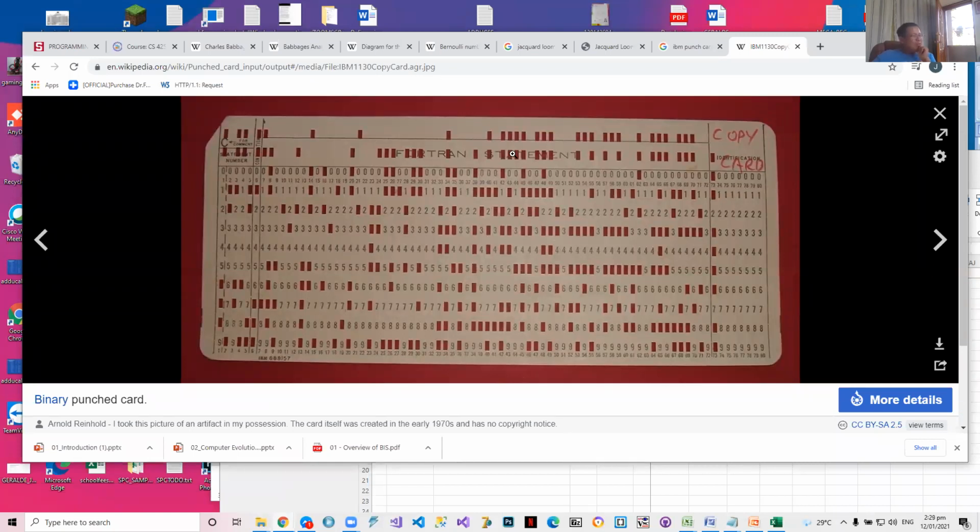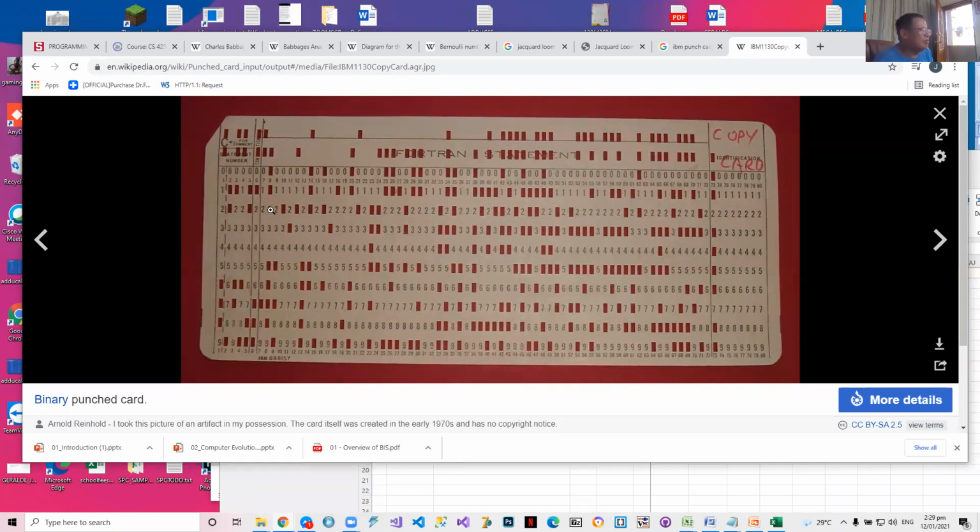What's the problem with punch cards? Mabagal masyado yung punch cards. Mabagal talaga mag-read. If you are going to run a program, each card can have several commands.